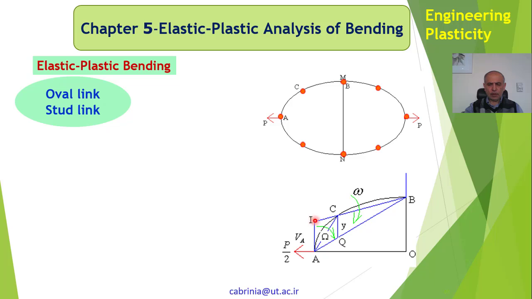This I is the instantaneous center. So this P over 2 is moving with velocity VA. We call it VA. We want to find out where these plastic hinges are, and then we could find out how much P is. Now we could guess where this C is. I think this point C, this distance QC.